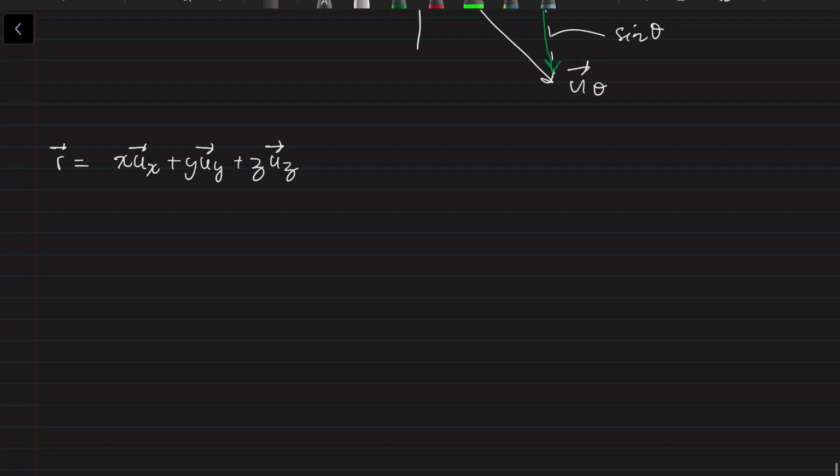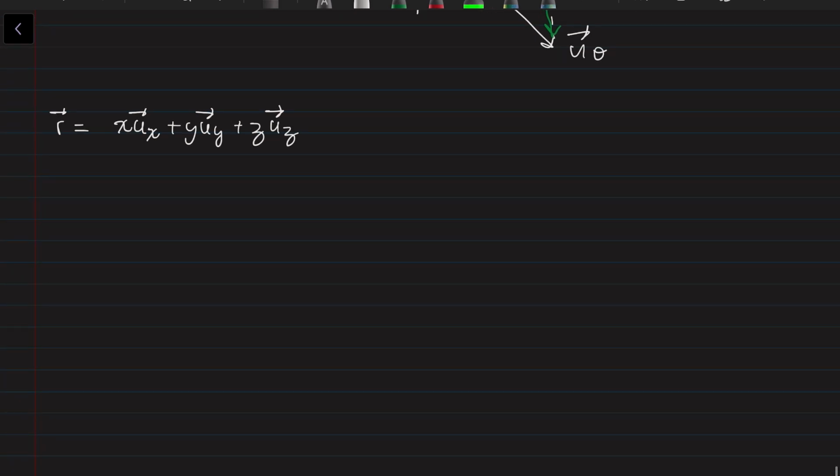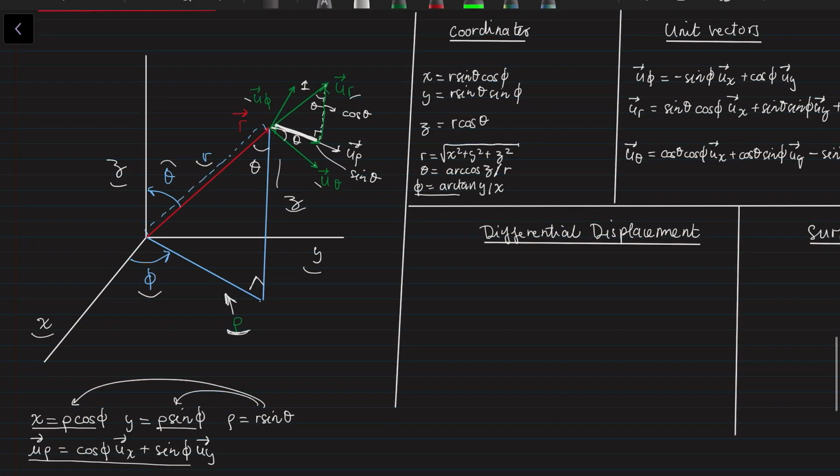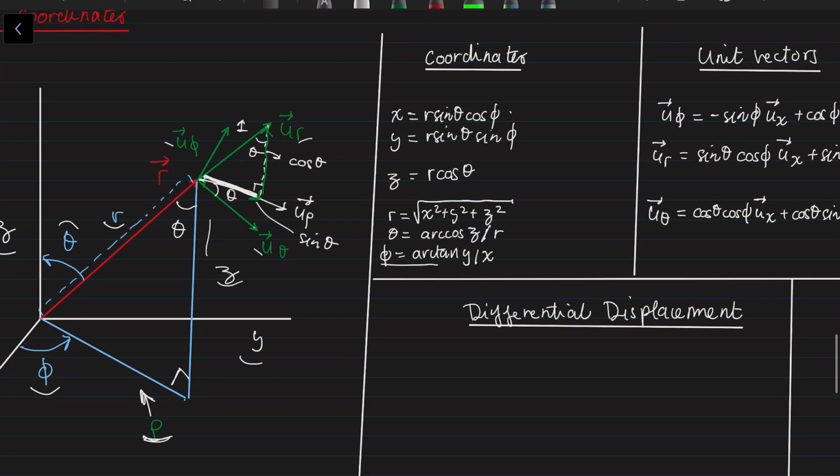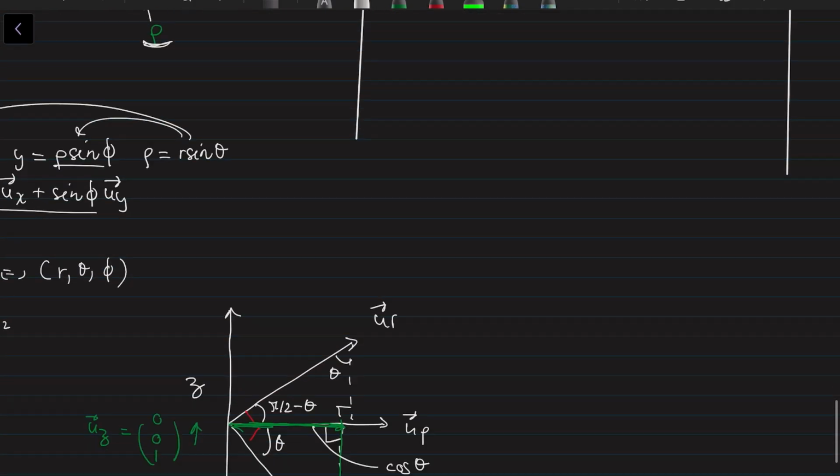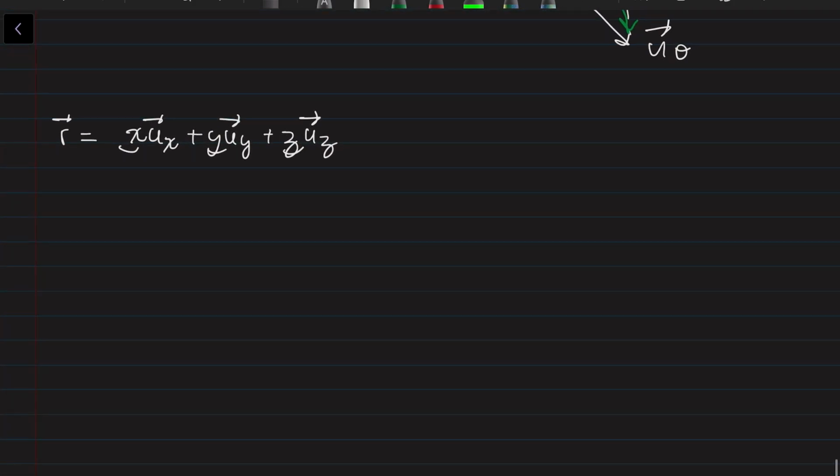So all we need to do to find the expression for the position vector in spherical coordinates is to substitute for x, y, and z the expressions that we found over here. So we're going to have to use this, this, and this one. Okay, so let's write all of this down.